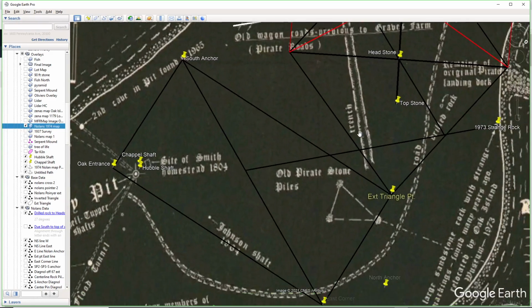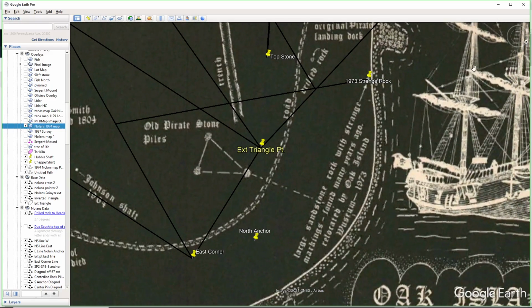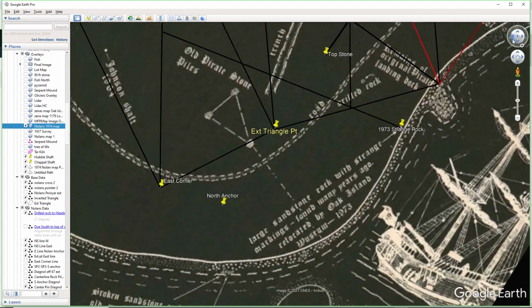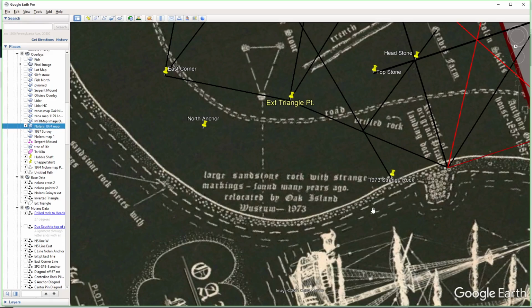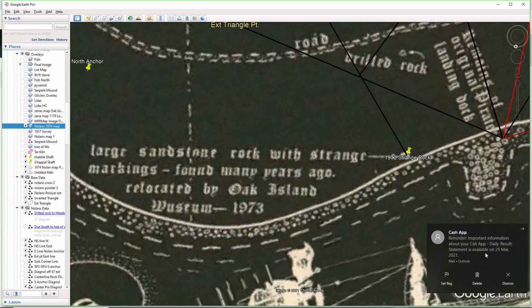Another thing that I want to show you guys, and this was mentioned by my good friend Oliver, who has the channel Oak Island Research, is the strange rock. And here is the strange rock. It's a large sandstone rock with strange markings found many years ago, relocated by the Oak Island Museum in 1973.